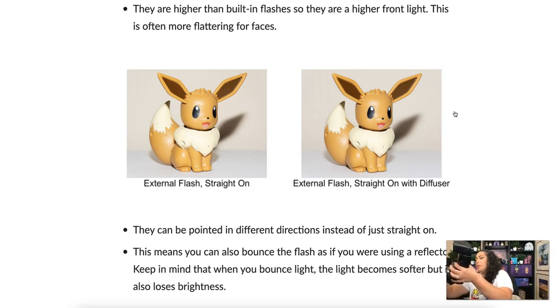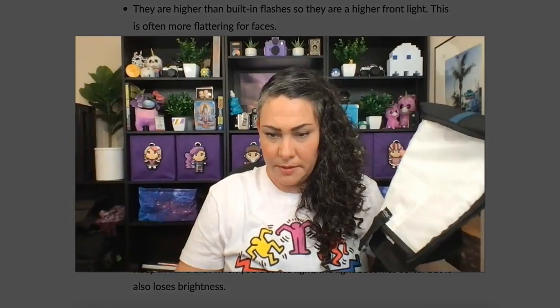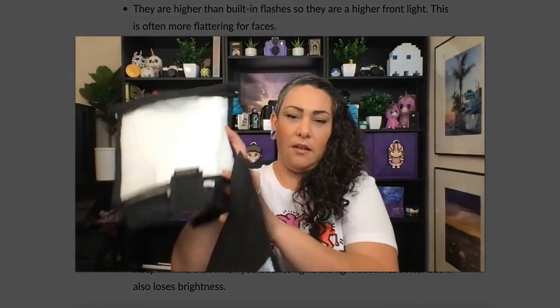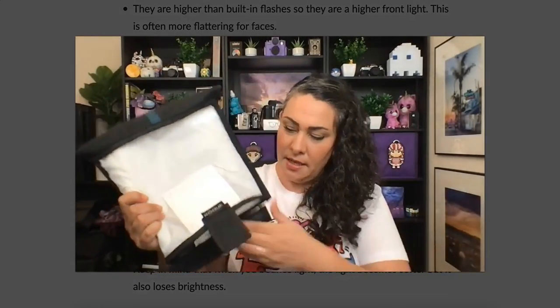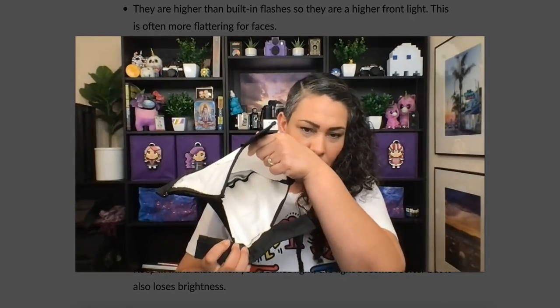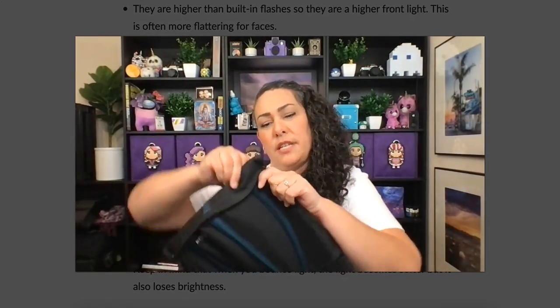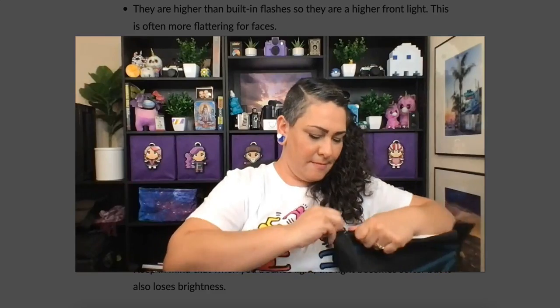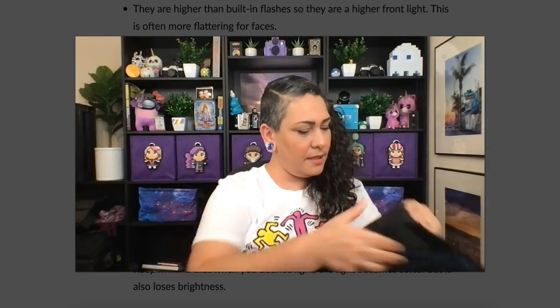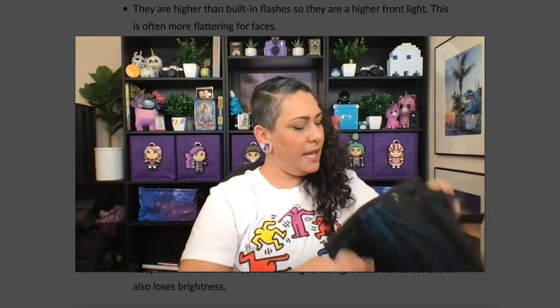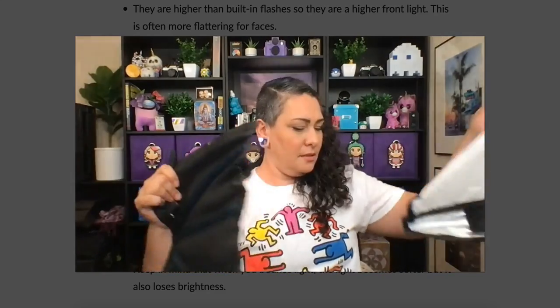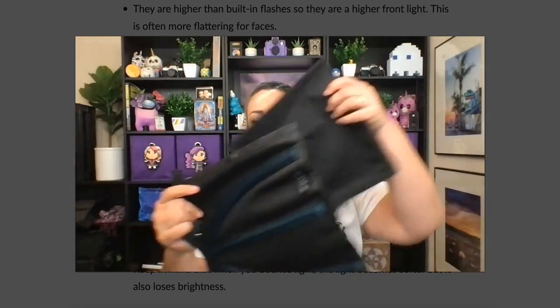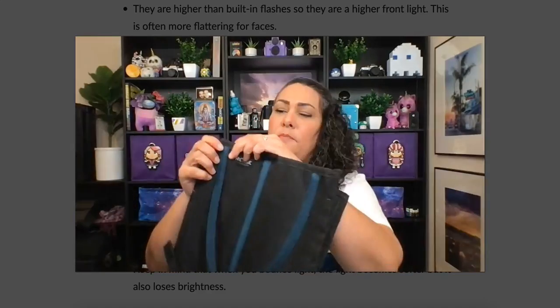What's cool about modifiers like this too is that there's usually some different options. So let's take a look real quick. Right now, what I have is white and white. Now with these, you can take them off, and I could add this on top of here.